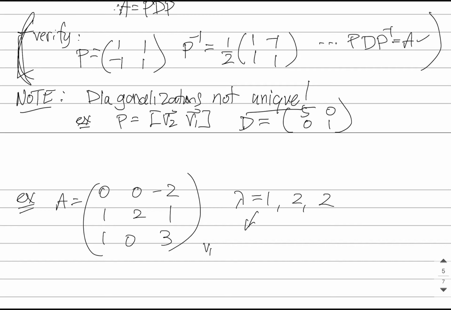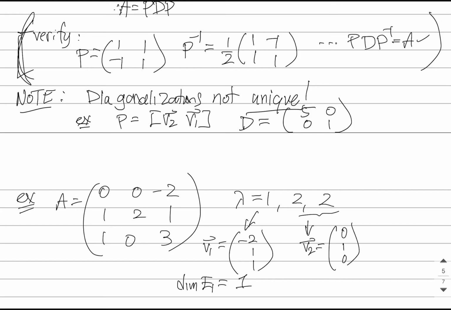You could either redo this yourself, but what we found in the previous video is that there's the eigenvector for this. The dimension of the eigenspace corresponding to this lambda is 1 because there's only one eigenvector basis here. This thing, we found that it had 2 eigenvectors, and they were linearly independent.